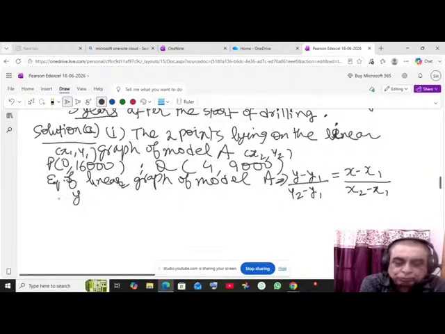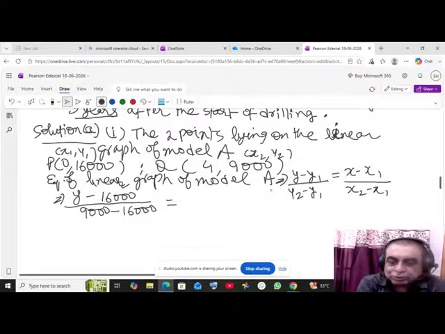So this is y minus y1, where y1 is 16,000, so it is y minus 16,000, divided by y2 minus y1. The y2 value is 9,000, minus 16,000, equals x minus x1, where x1 is 0, divided by x2, which is 4, minus x1, which is 0.